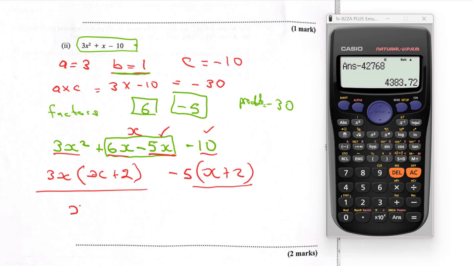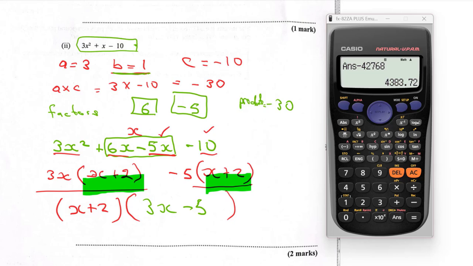So I'm going to factor out x plus 2. And what is left if I factor it out? I'm going to be left with 3x minus 5. So that is the final answer: x plus 2 times 3x minus 5.